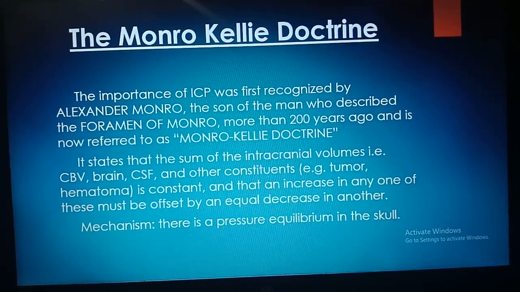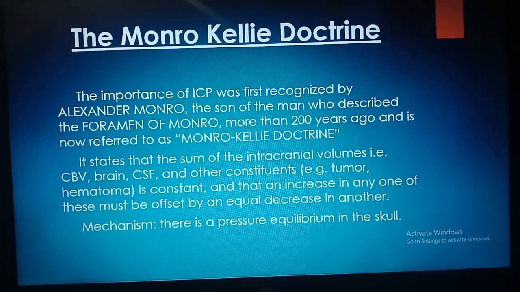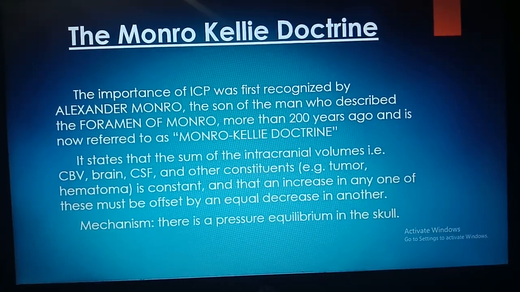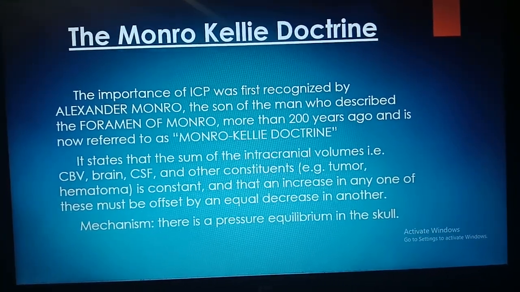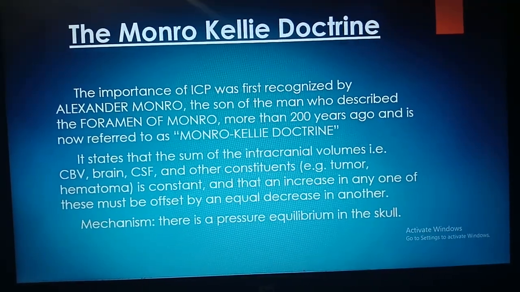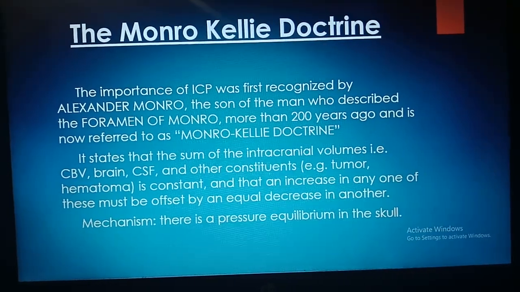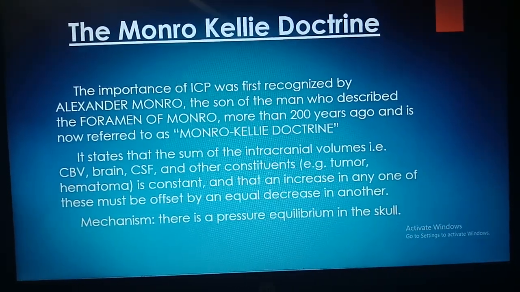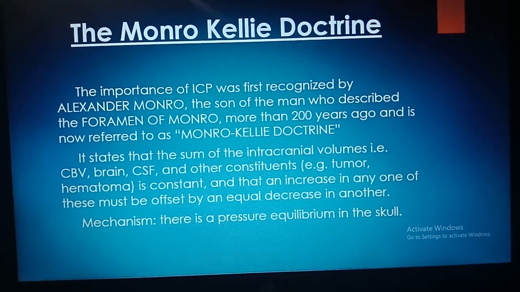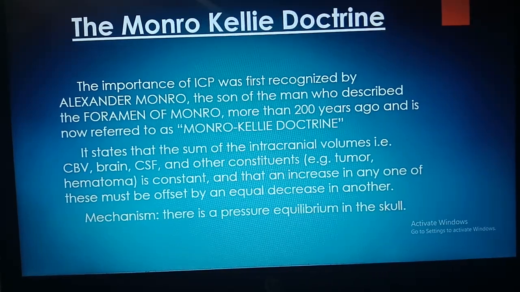The importance of ICP was first recognized by Alexander Monro, the son of the man who described the foramen of Monro more than 200 years ago, and it's now referred to as the Monro-Kelly doctrine. It states that the sum of the intracranial volumes, that is the blood volume, brain, CSF, and other constituents like any pathology, tumor, or hematoma, is constant, and that an increase in any one of these must be offset by an equal decrease in another.